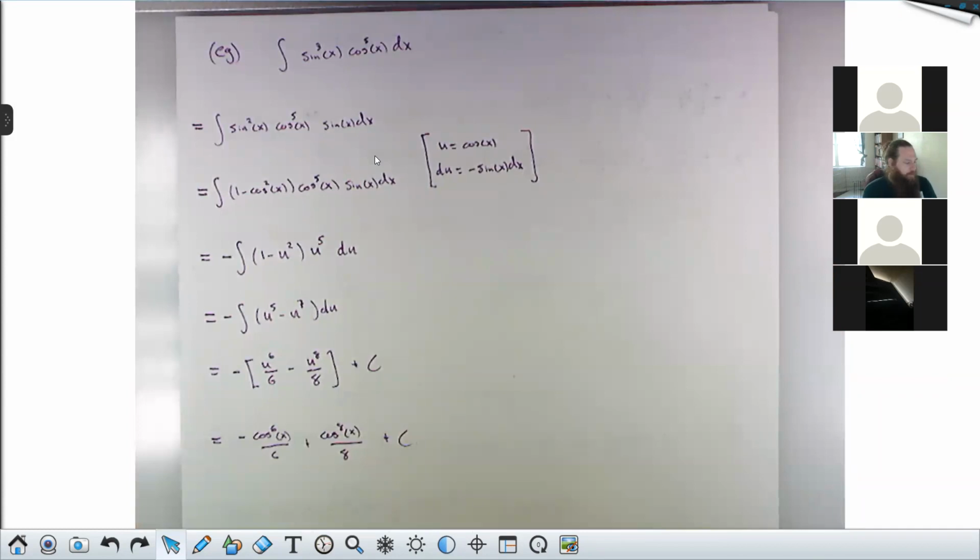All right. So if there is an odd power, if you're looking at a sine cosine integral, power of sine times power of cosine, and one of the powers is odd, you're going to solve that problem with u sub.